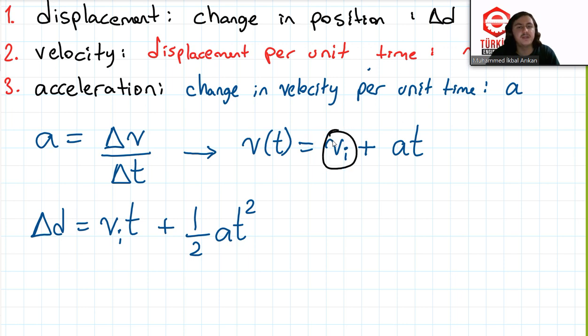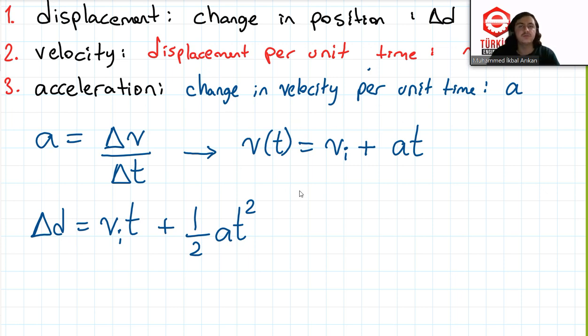Initial velocity is always there. Then you will just go up if you have positive acceleration, and you go down, so your velocity is decreasing, if you have negative acceleration. So acceleration can be positive or negative because your change in velocity can be decreasing or increasing. Also, displacement can be in positive direction and negative direction because your position can go in positive or negative.